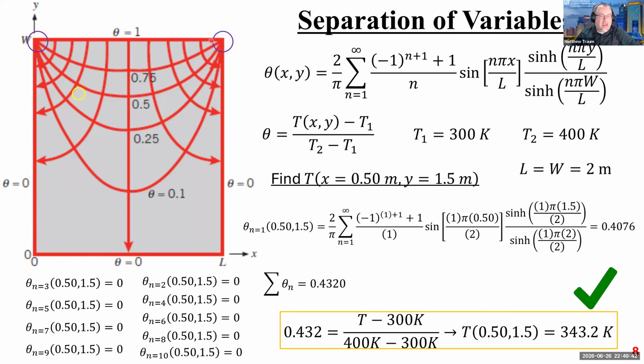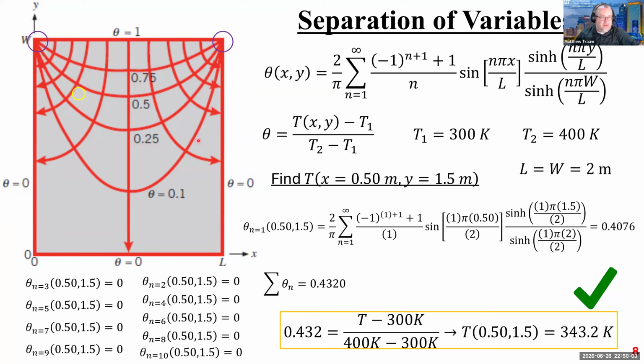Here's our theta equals 1. And then these curves are isotherms, right? So how cool is this? These are lines of constant temperature, and this is the exact solution from that function that I showed you on the previous slide, right? I mean, this is stunning, how cool and beautiful this is.